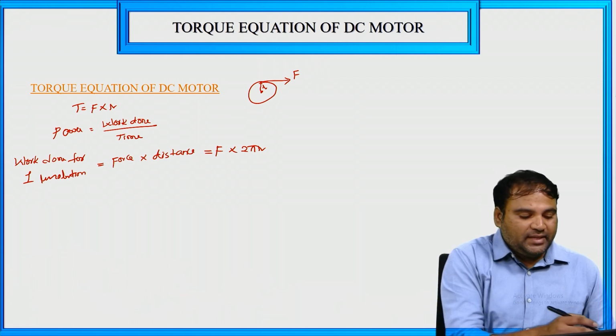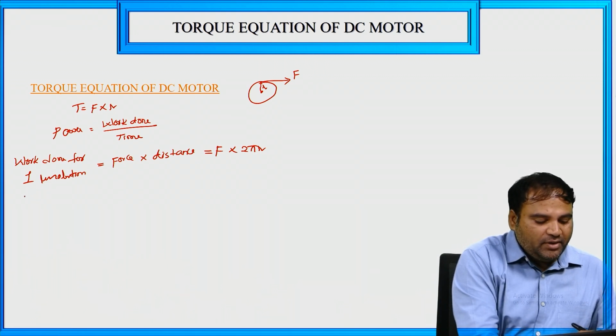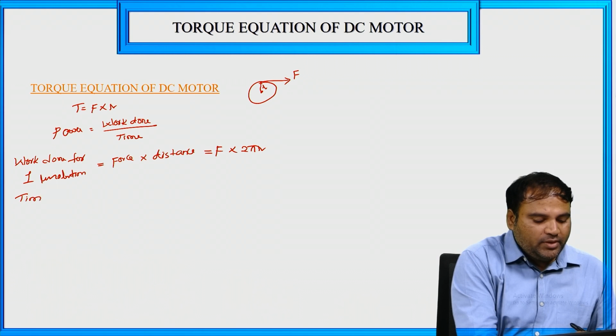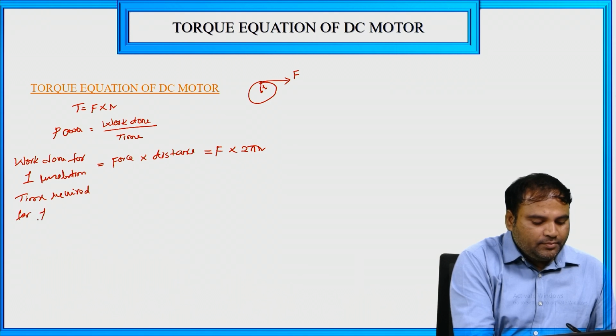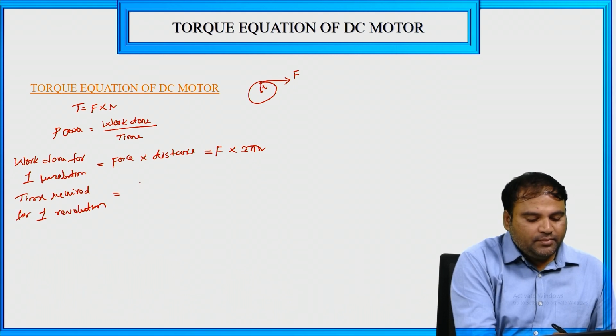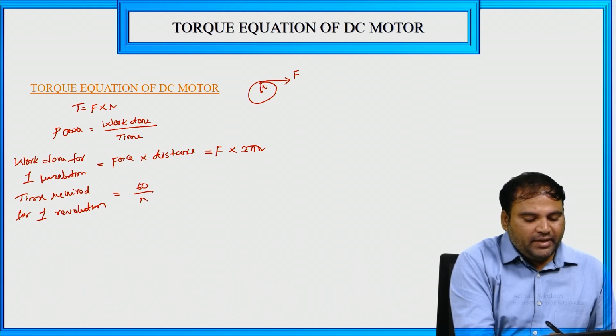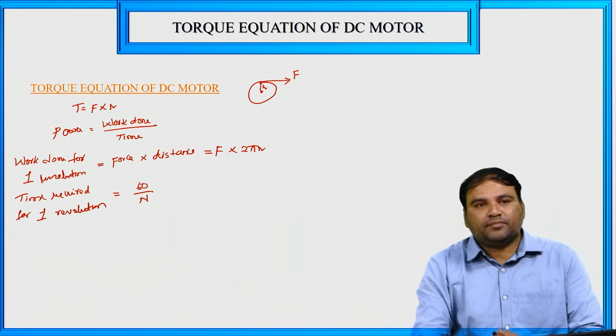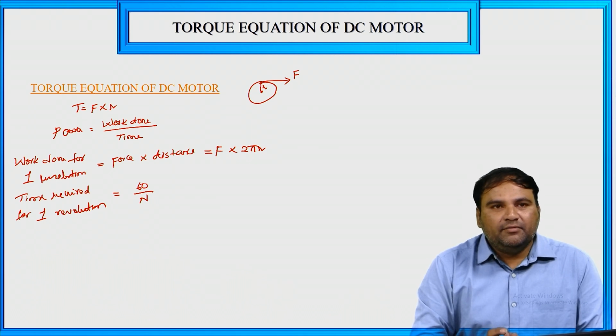Now time is there. So the time required for one revolution is equal to 60 divided by n. Here, first, what is meant by torque?